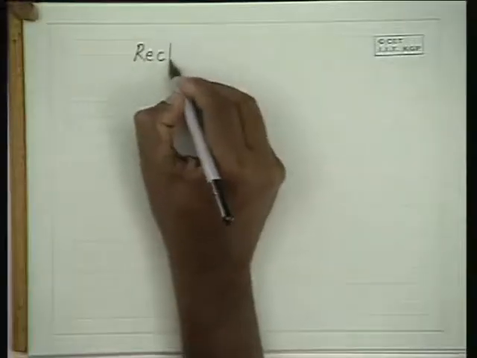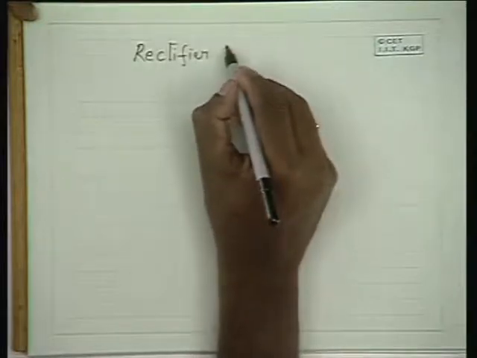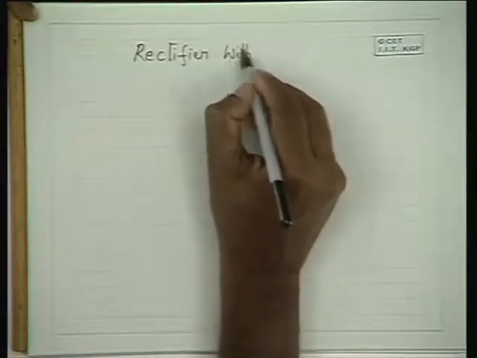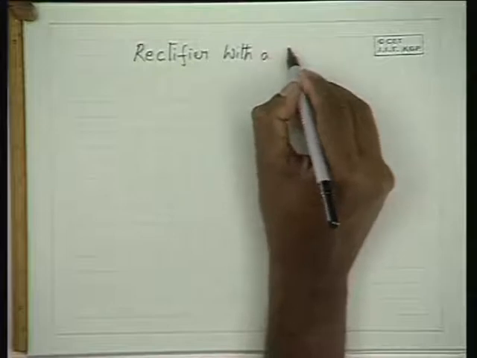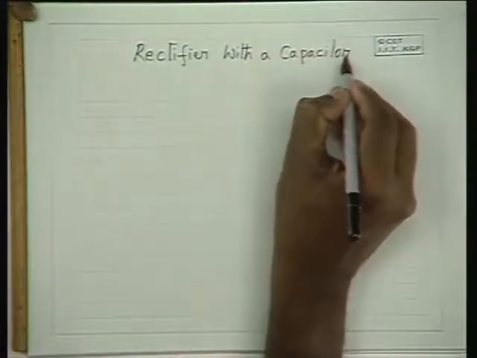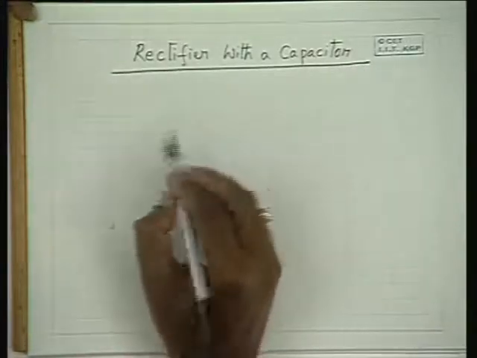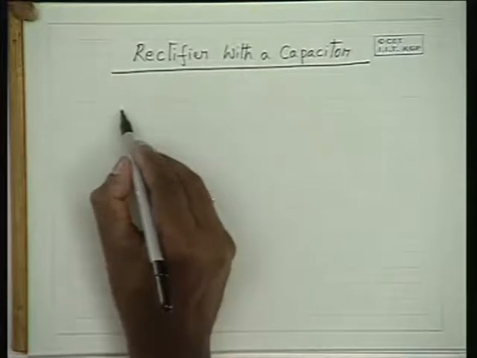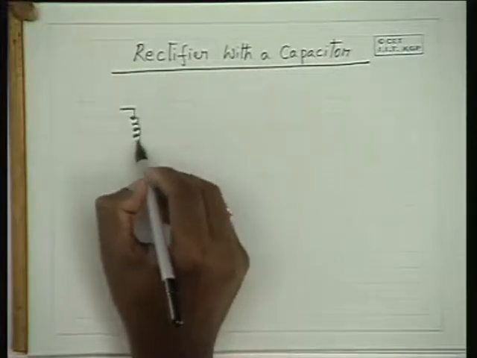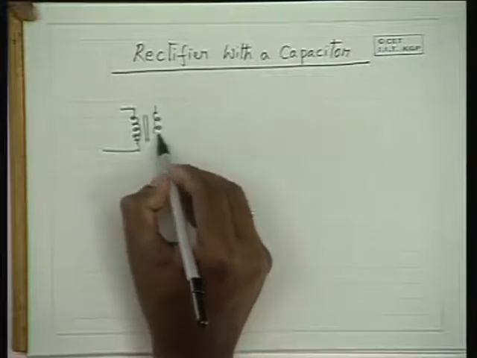So, let us consider a rectifier with a capacitor. Let us consider this full wave rectifier with 2 diodes.